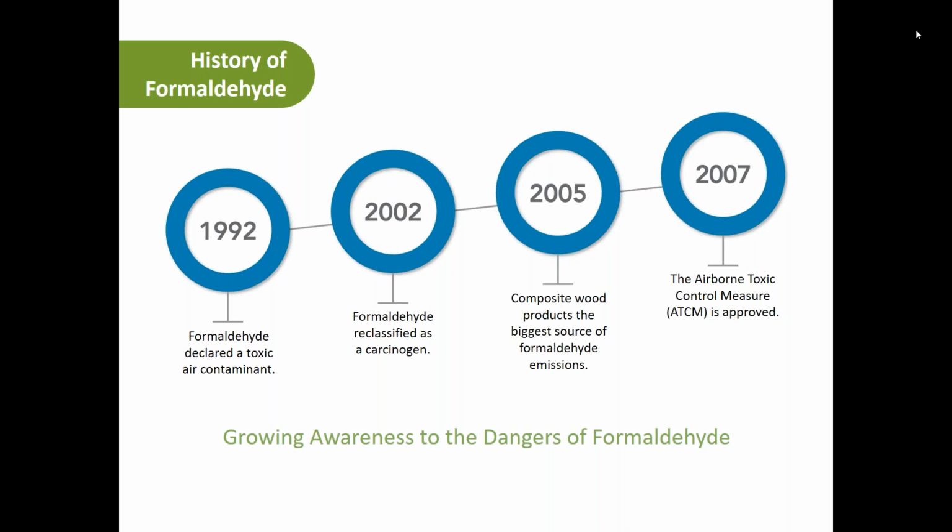The building industry remained a significant source of formaldehyde emissions with the use of composite wood panels. So by 2007, the California Air Resources Board's final regulation for formaldehyde emissions in composite wood panels was approved, which we all know today as the ATCM 93120 regulation.